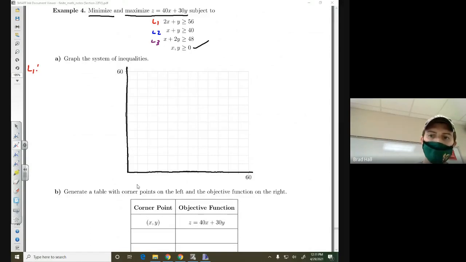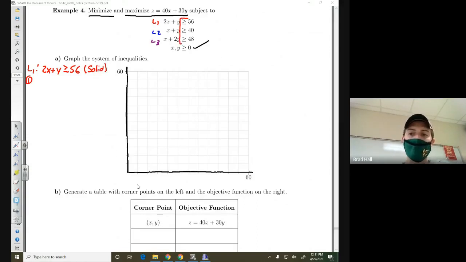Let's go ahead and start off with the first line. 2x plus y is greater than or equal to 56. Which, as we did before, we could see that all of these are going to be solid lines because all of their inequalities have equal to parts, as I've been saying before. So we're not really going to worry about that too much.